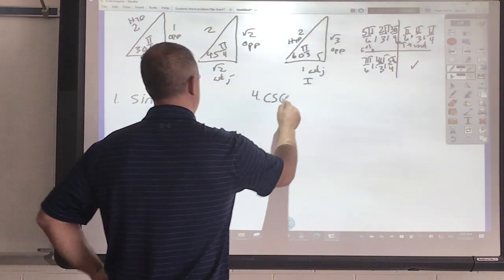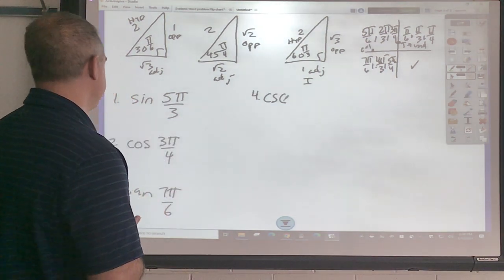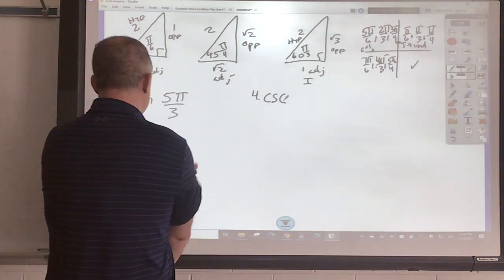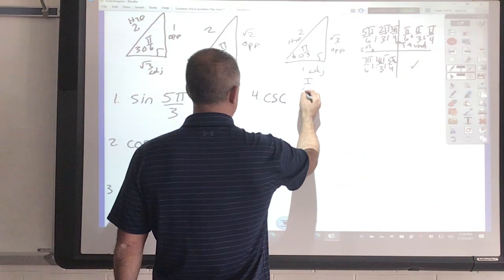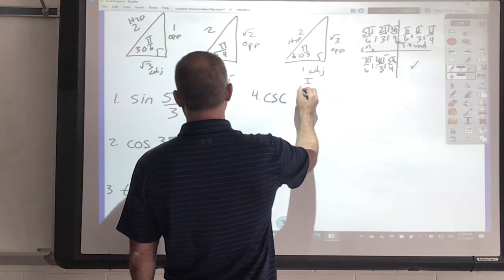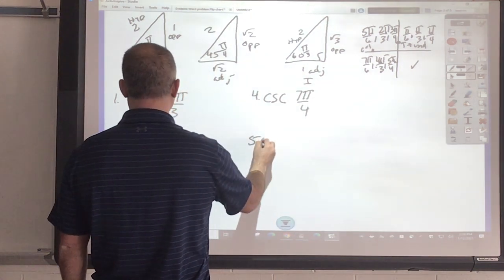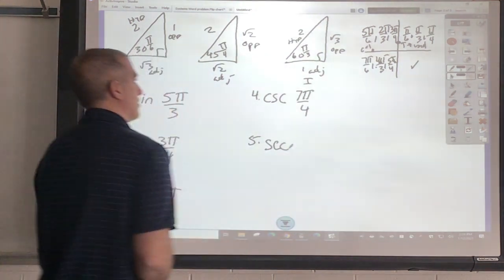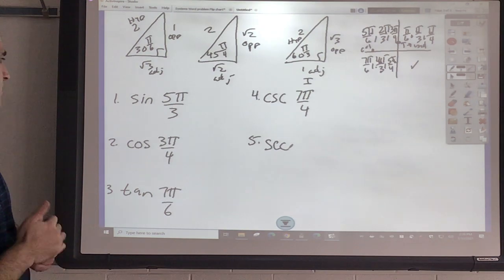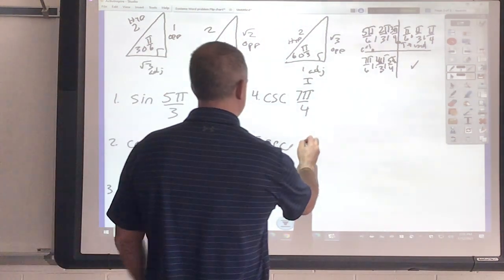Cosecant of 7 pi over 4. Let's do secant of 5 pi over 6.